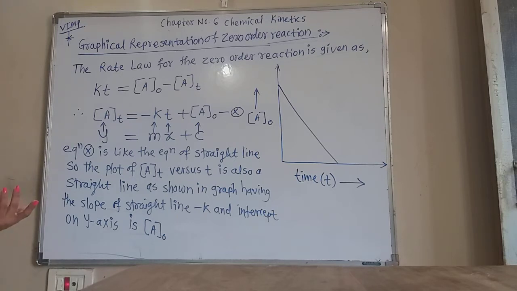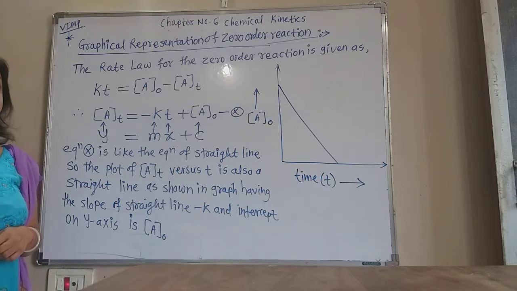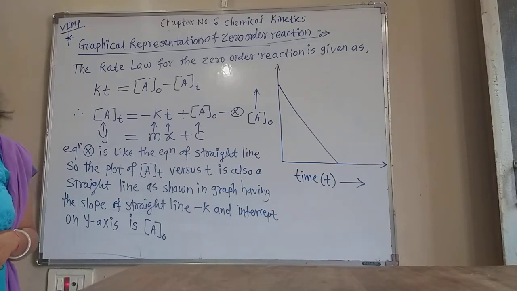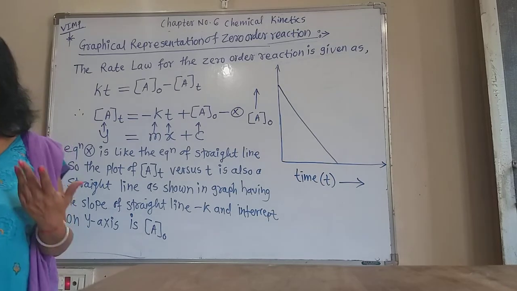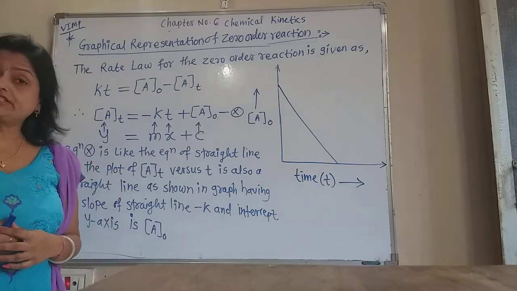Now the example we have already seen, that is the decomposition of ammonia on the platinum surface, where platinum is placed as the catalyst. Again, there are other examples of decomposition of different gases, such as decomposition of nitrous oxide on the platinum into nitrogen and oxygen.